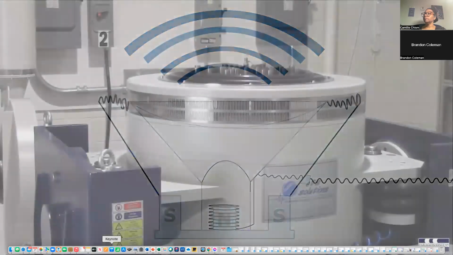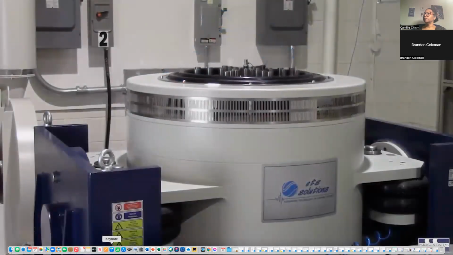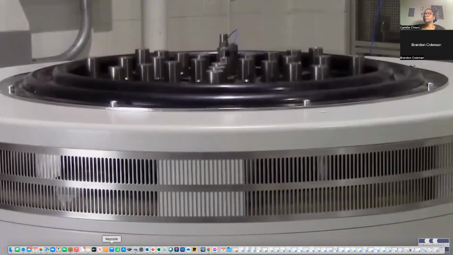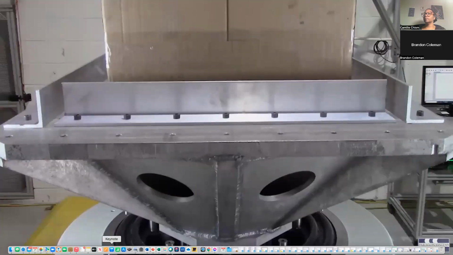In a vibration system actuator, the amplifier output is also applied to a coil. Except for very small shakers, this coil will be surrounded by an electromagnet instead of a permanent magnet. The coil in an actuator is forced to move back and forth by the same principle as in an audio speaker.